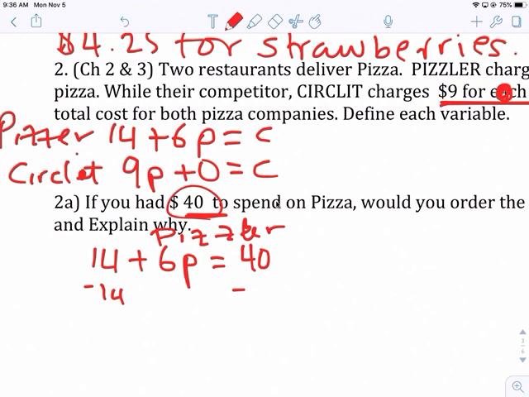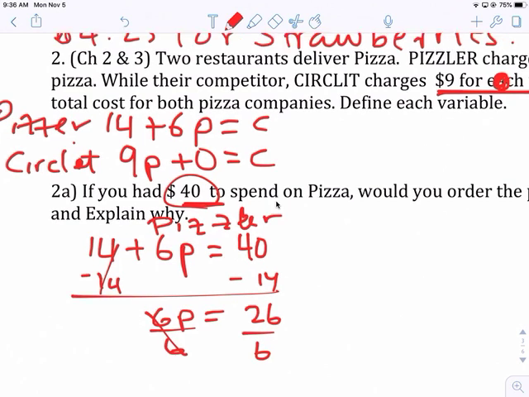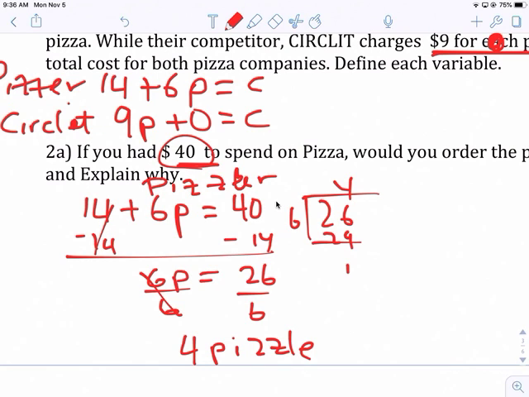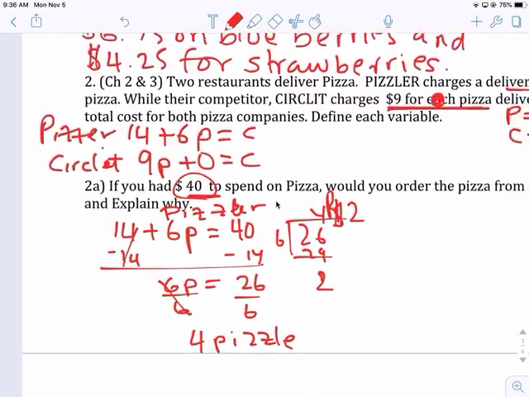Minus 14, you get 26 equals 6p. 26 divided by 6, you get 4. You can buy 4 pizzas from Pizzler, which is 24 with a $2 change remaining.